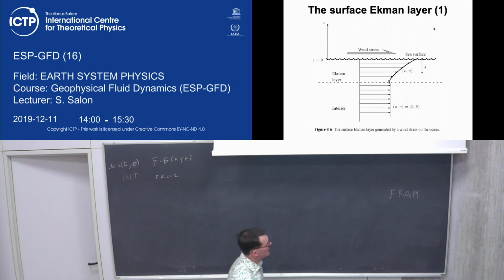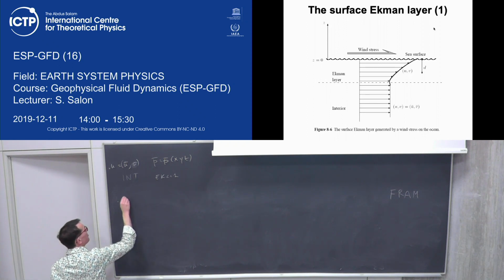He asked why, and gave this problem to his pupil Ekman. Ekman resolved the problem by creating this model, which today appears quite simple, but at that time was absolutely not. We still have the same equations.